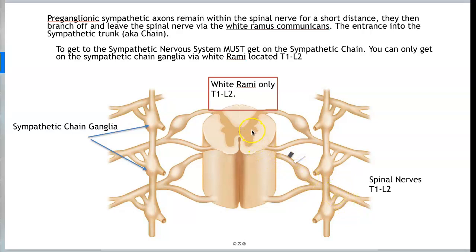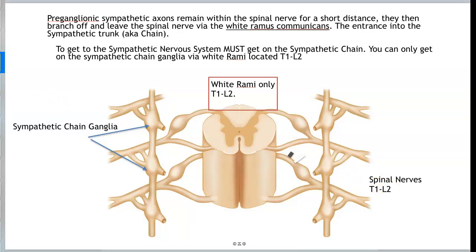So, this preganglionic sympathetic neuron, its fibers, its axons are going to be getting on the sympathetic chain ganglion only through the white rami communicans that are located only at levels T1 through L2.